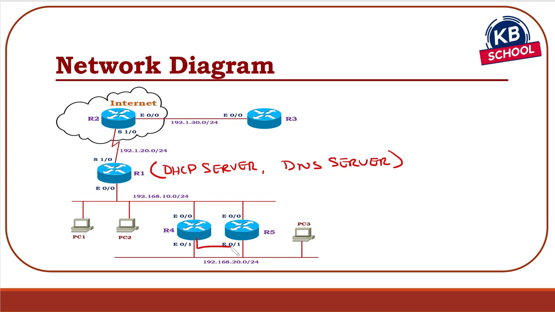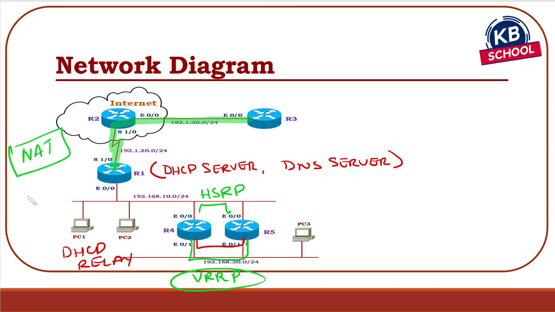Set these two guys up for DHCP relay. We wanted to set these two guys up also for HSRP, and for VRRP. All that is taken care of. The only part that is not done yet is this part, the internet part, that we're going to do using NAT. Coming up in the next set of videos.